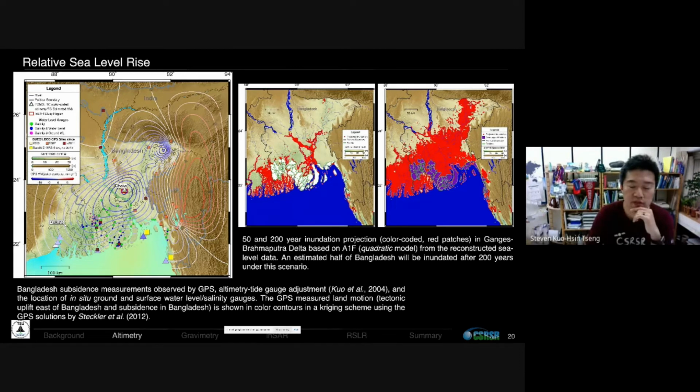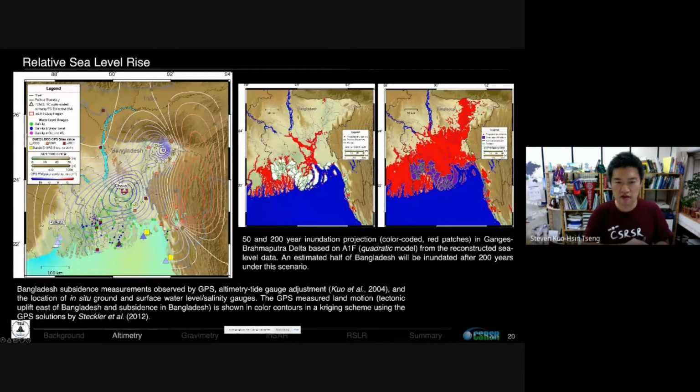For example, the case of Bangladesh: because of the compaction of the sediment and also the overpumping of the groundwater and so on. Basically, you can see these contours. These contours come from GPS measurements.